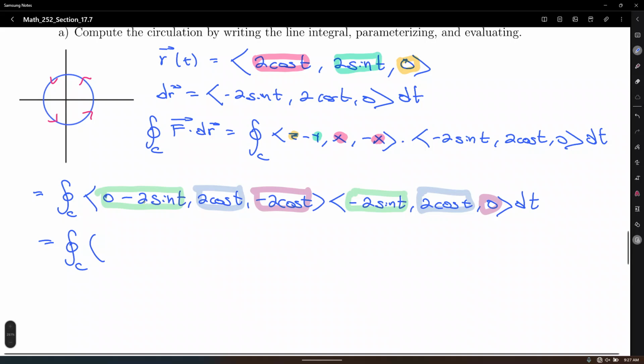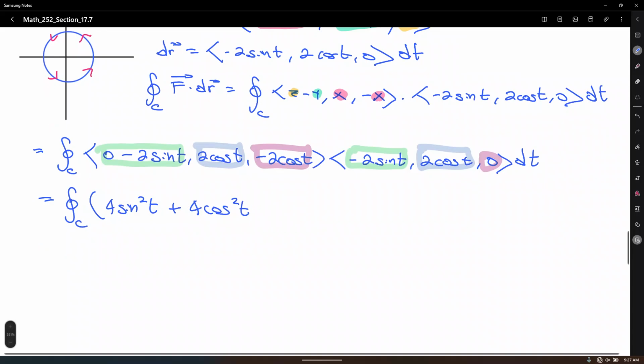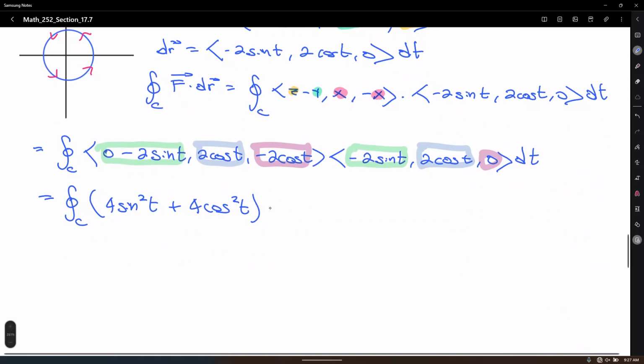So negative 2 sine t times negative 2 sine t, isn't that positive 4 sine squared t, plus 2 cosine times itself, that's 4 cosine squared, and negative 2 cosine t times 0, that's just 0, close parentheses, dt.